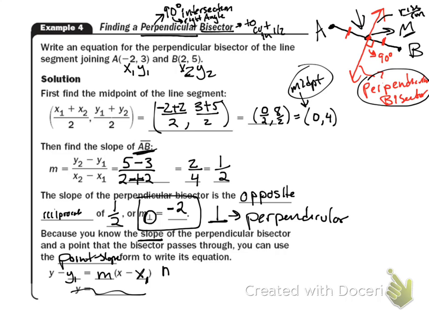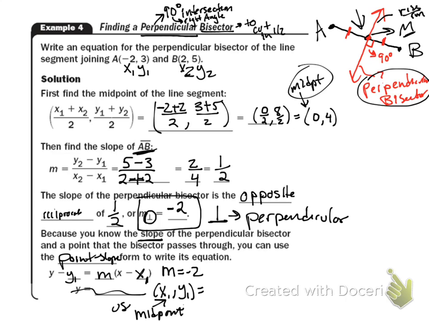We know the slope is -2, and the coordinates of the point on the line we call x1, y1. Guys, here you want to use the midpoint. That is the point that we know is on our perpendicular bisector.